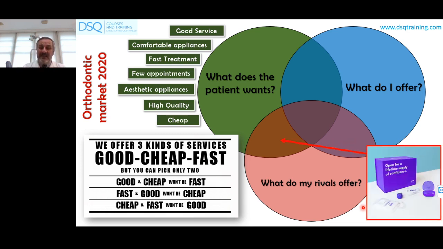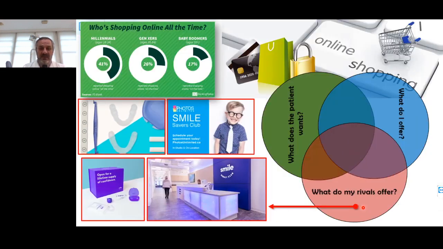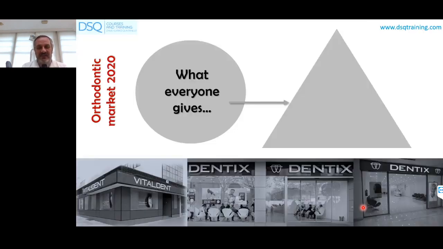And I think it's very important because we have a lot of problems in the future of our profession, like this. The shopping of the millennials online is about 41% nowadays, and maybe in 3 or 6 years, the shopping online will be 75%.